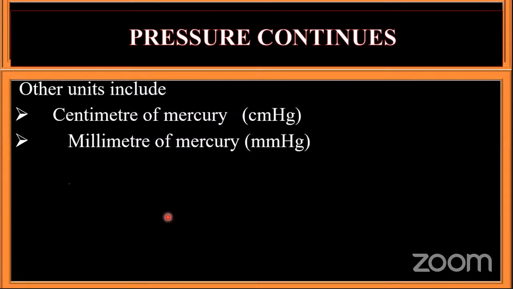What is in the bracket is the symbol only. Centimeters of mercury and millimeters of mercury. Please don't forget the standard unit, the system international unit, is newtons per meter squared or what? Pascal. But other units are centimeters of mercury and millimeters of mercury.